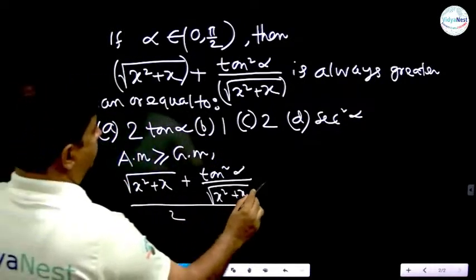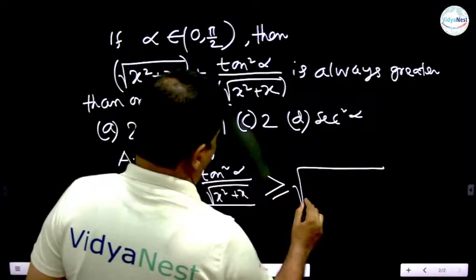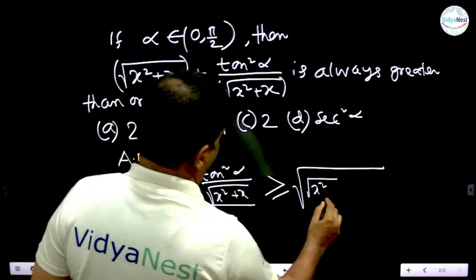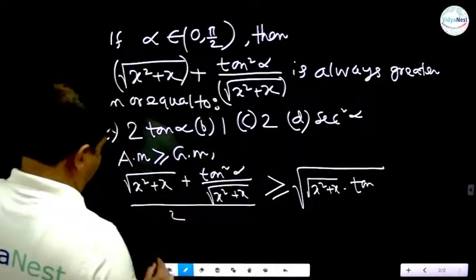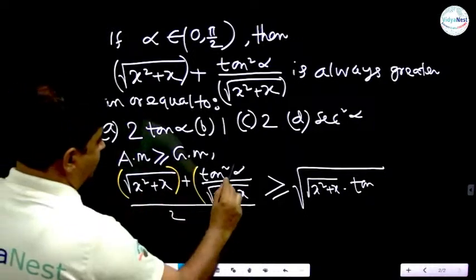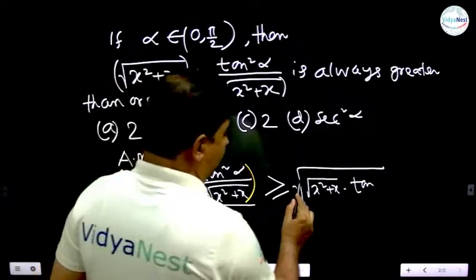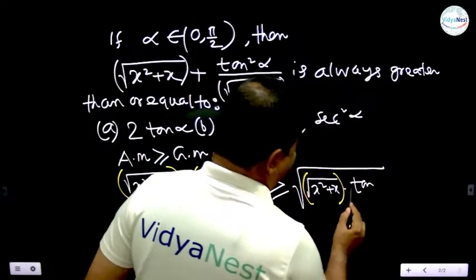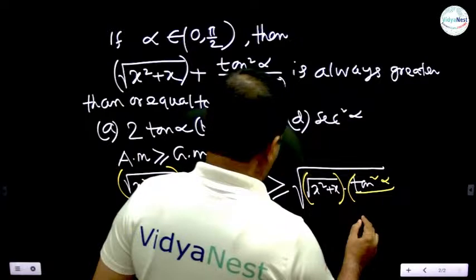See, a plus b by 2, the arithmetic mean, is greater than or equal to the geometric mean root ab.